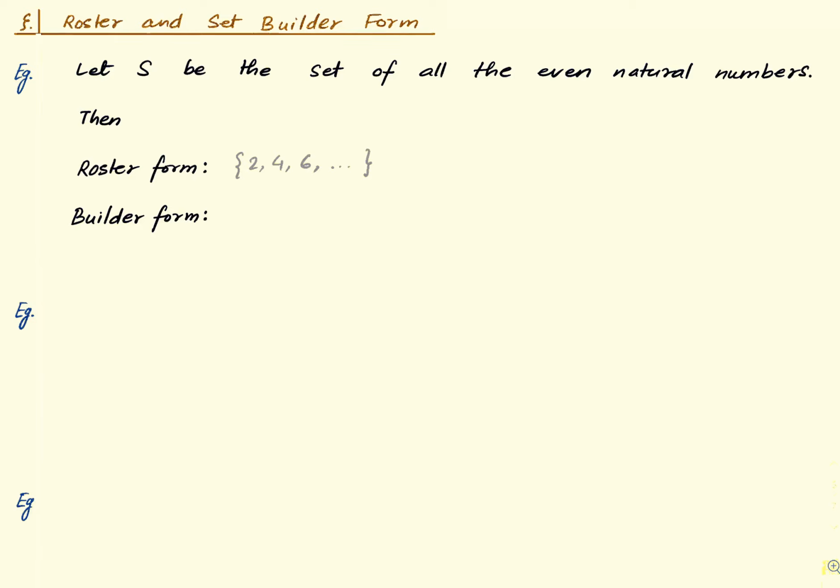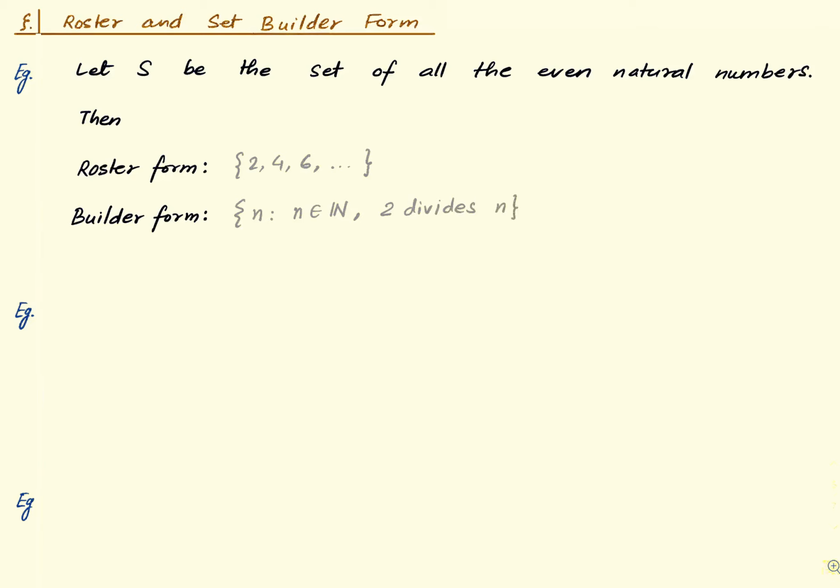So in builder form, this is one way to write it. All those n's, such that first of all, n is a natural number, and 2 divides n.